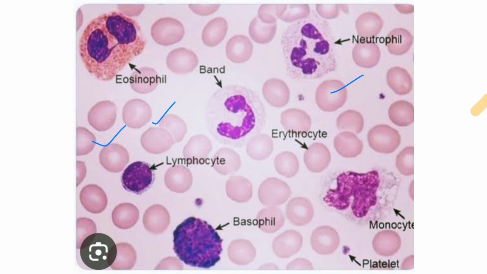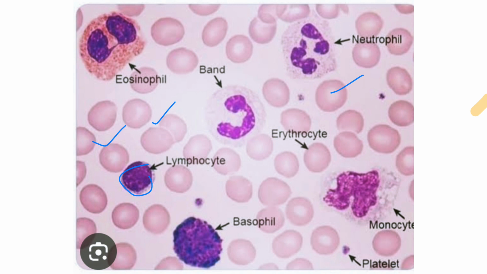For comparing the size of the RBC, we compare it with the nucleus of the lymphocyte. If these RBCs are smaller as compared to the nucleus of the lymphocyte, they are called microcytic, and if they are larger, they are called macrocytic.